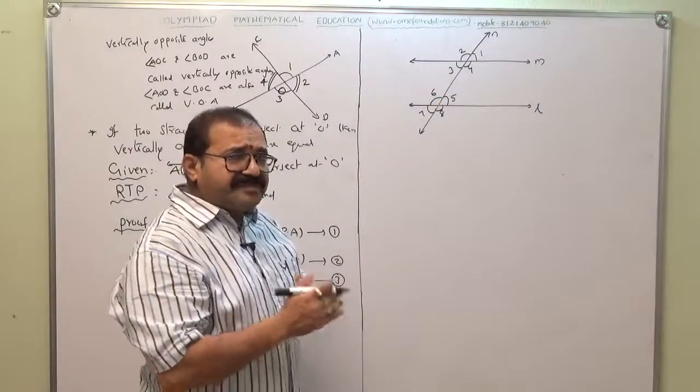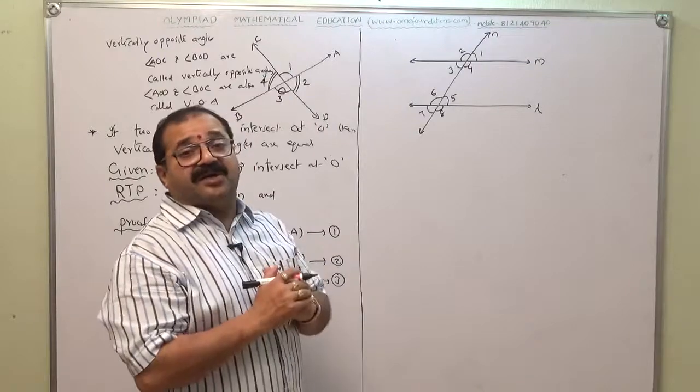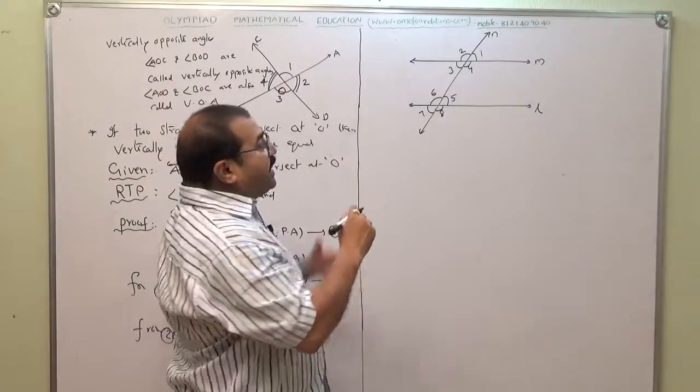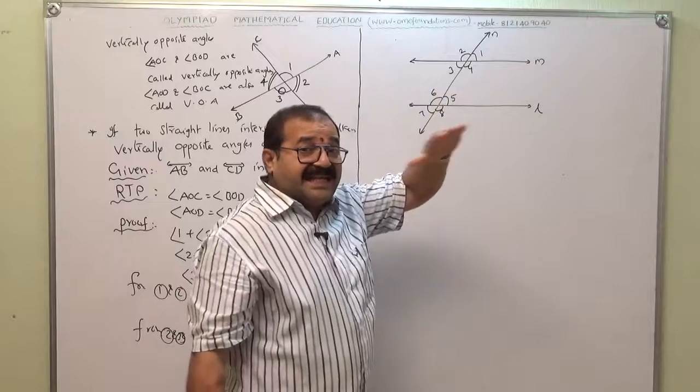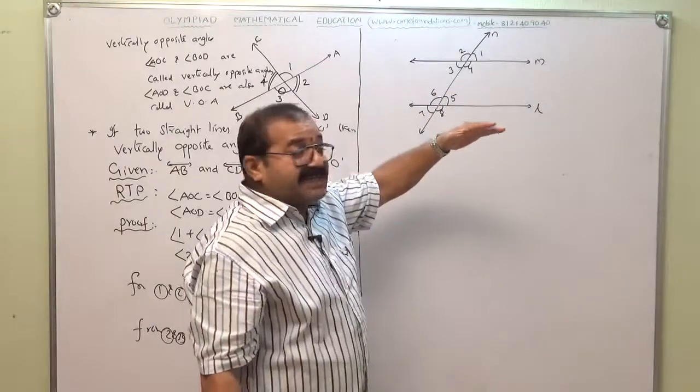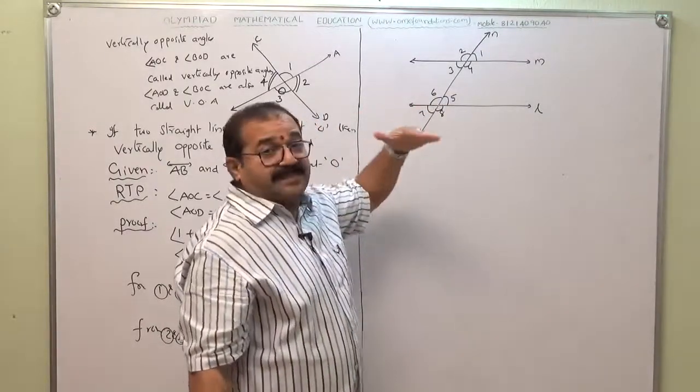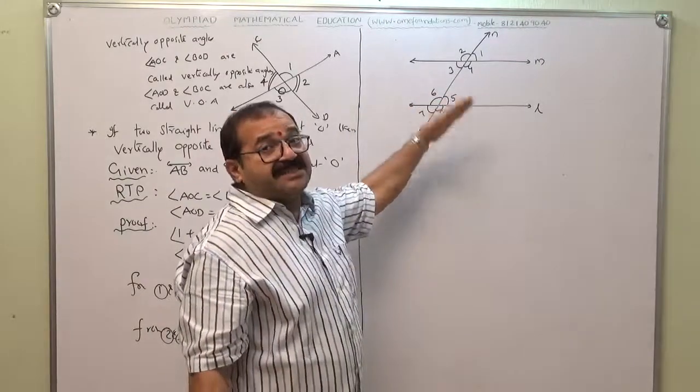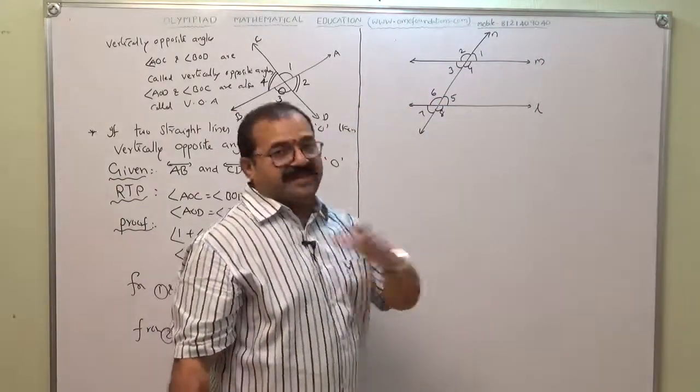Now the very important things to learn are exterior angles, interior angles, vertically opposite angles, corresponding angles, alternate interior angles and co-interior angles. You need to learn these concepts.